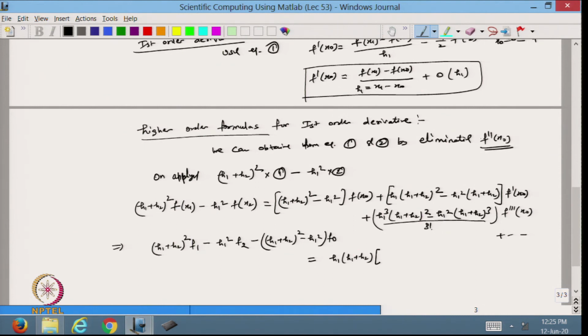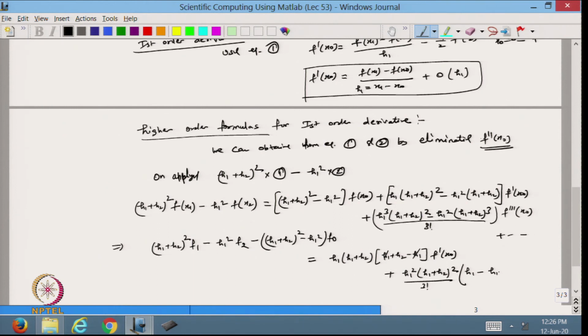So inside I will get (h1 plus h2) minus h1, and this will cancel out, into f dash x naught, plus the same way I can take from here h1 square into (h1 plus h2) square by 3 factorial, and inside I will get, since I have taken h1 square, h1, and this one minus, I have taken h1 square, so that will go away.